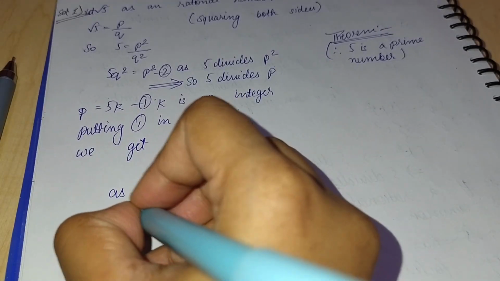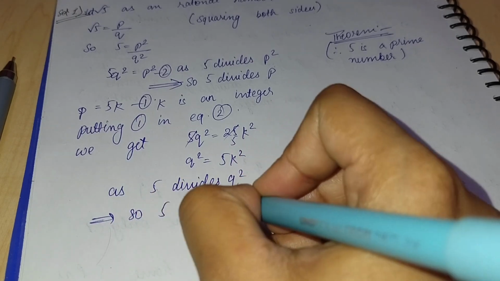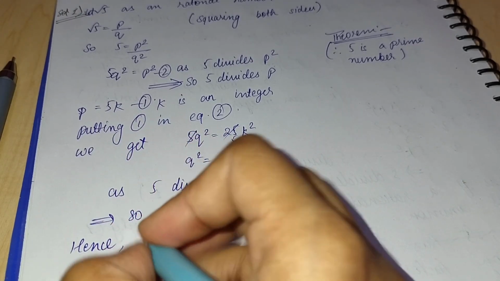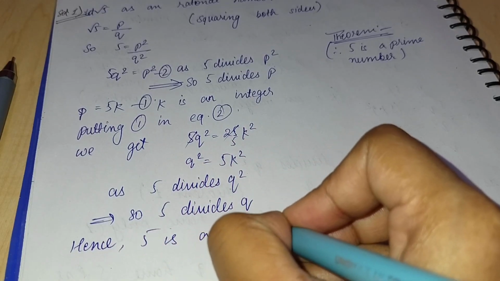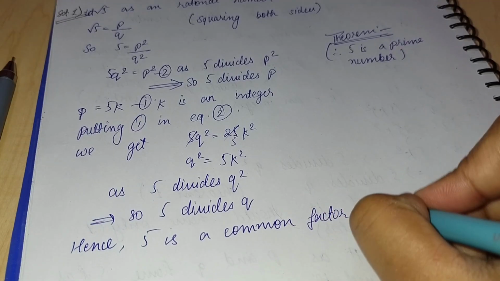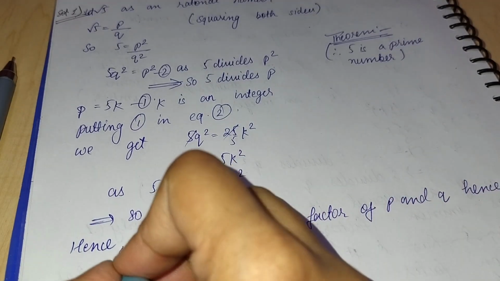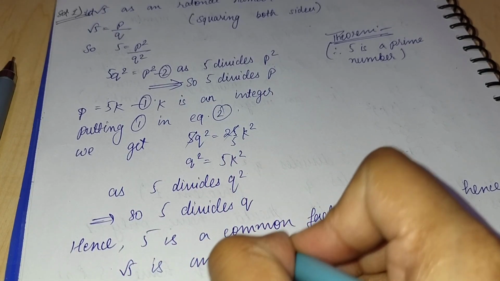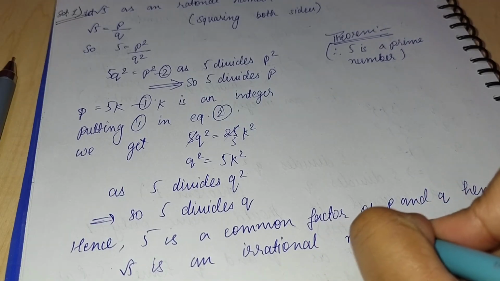Q square is equal to 5k square will come, as 5 divides q square and 5 is a prime number, so 5 will also divide q. Hence, as p and q have 5 as a common factor, this contradicts the fact that it is a rational number. Hence, under root 5 is irrational.